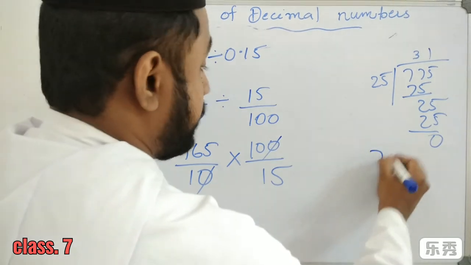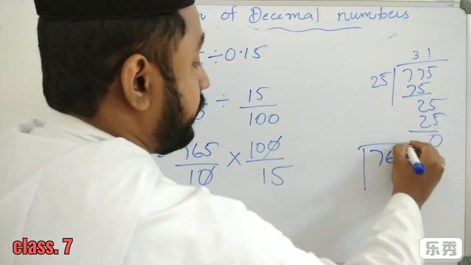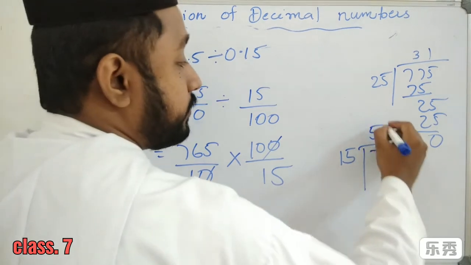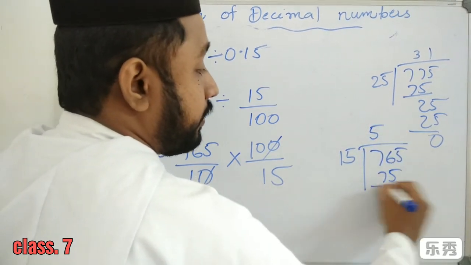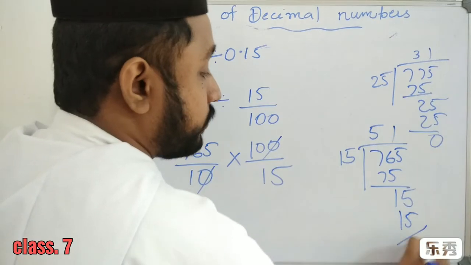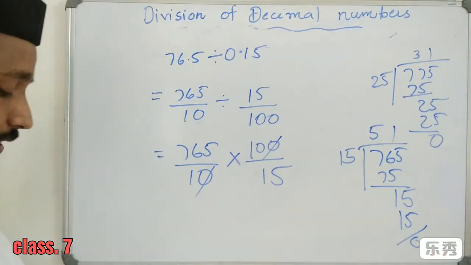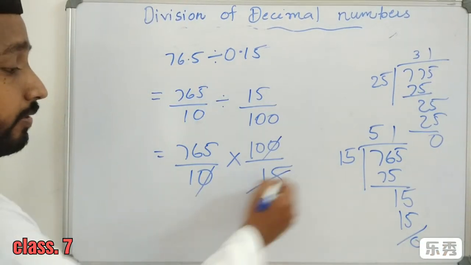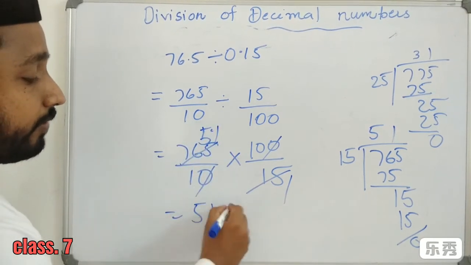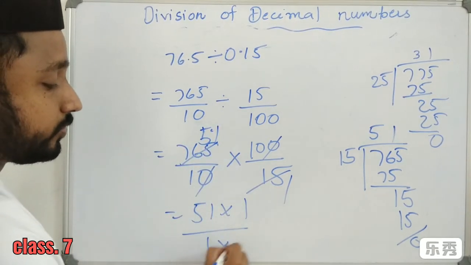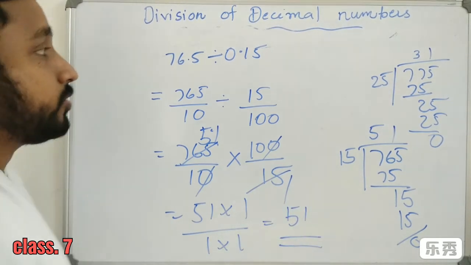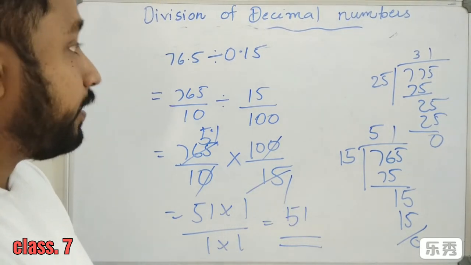We can easily cut 765 by 15: 15 into 76, 5 times 75, remainder 1, 15 into 15, 1. So we got 51. So 765 by 15 is 51 times, which is equal to 51 into 1 by 1 into 1. That is 51 by 1, that is 51.